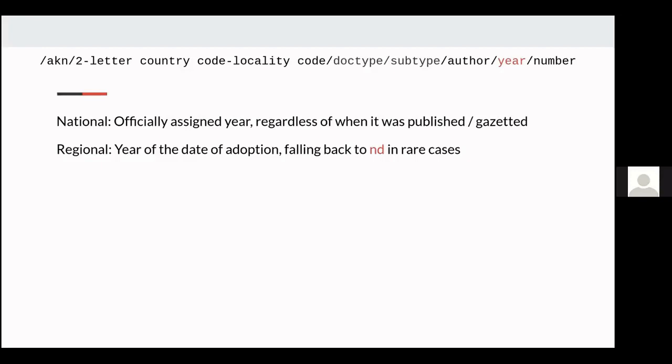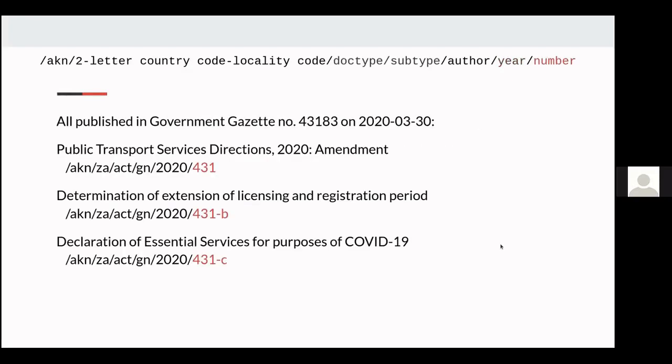And then in the very, very rare cases where a document has been published, but it maybe doesn't have any member state signatories to it, so it was never adopted, but it's still being published. Very, very rare. I think we've come across one or two of those. We will use ND, which is part of the base naming convention as well.